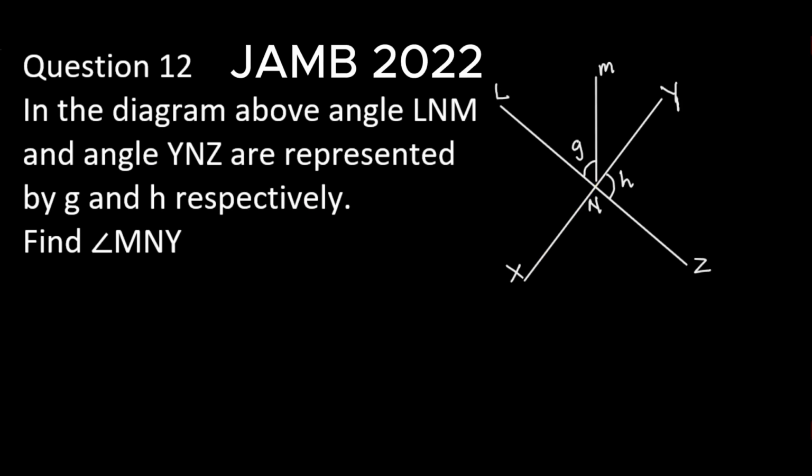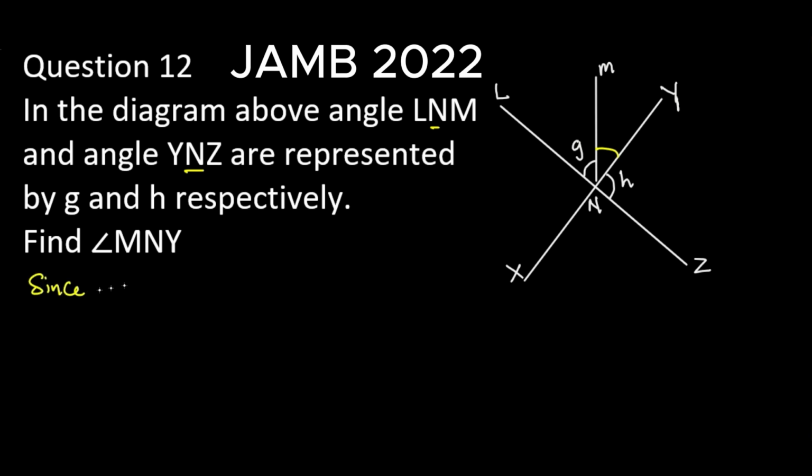Question number 12. In the diagram above, angle LNM, that's angle G there, and angle YNZ, which is angle H there. So we have to find angle MNY. That's the angle we are asked to find.